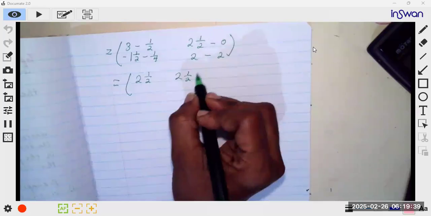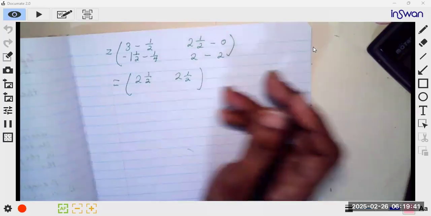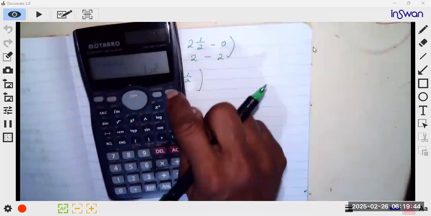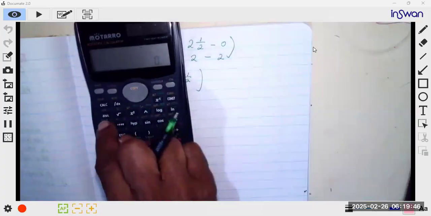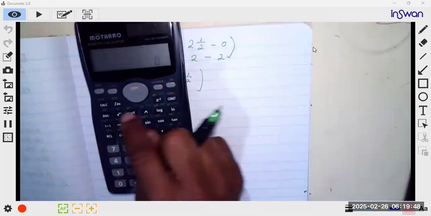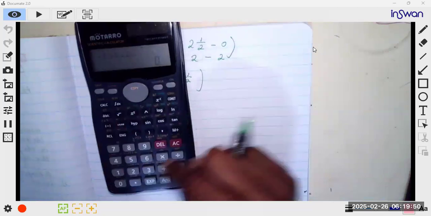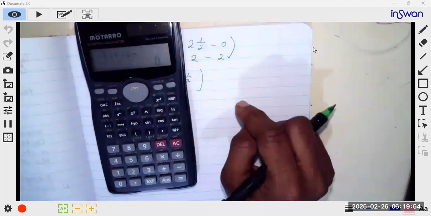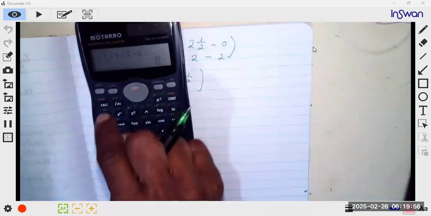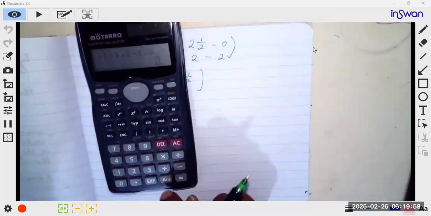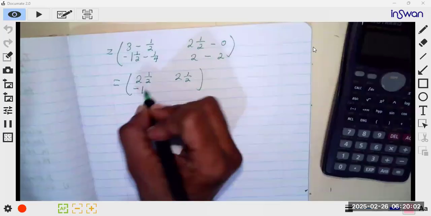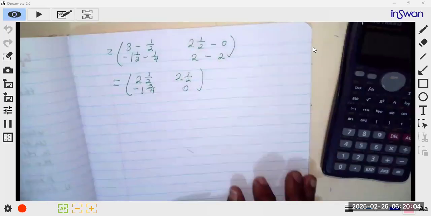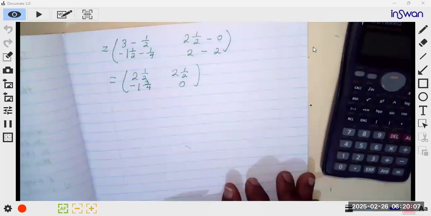Now, minus 1.5 minus a quarter will be equal to minus 1 3/4. And 2 take away 2 is 0. And that's the final answer.